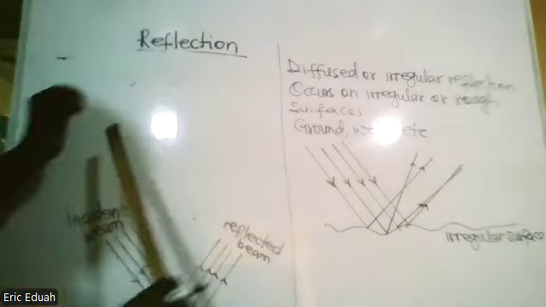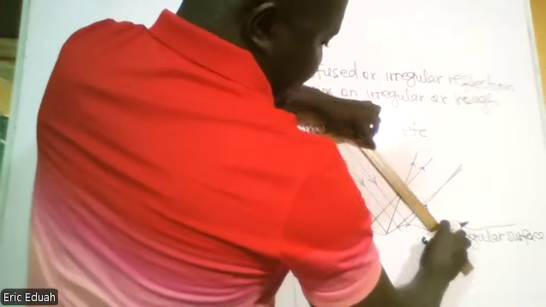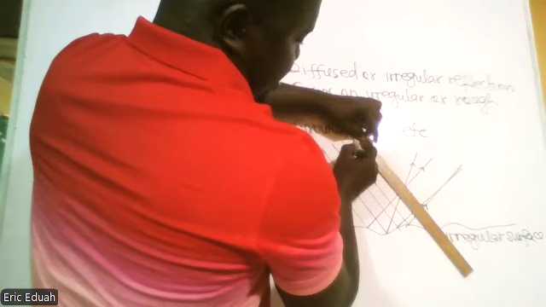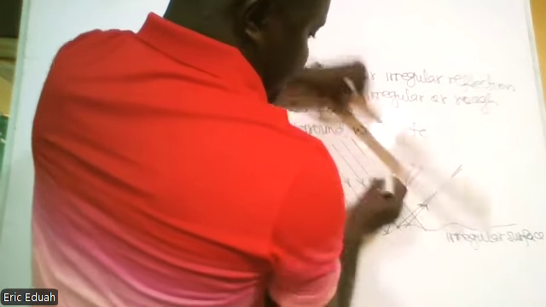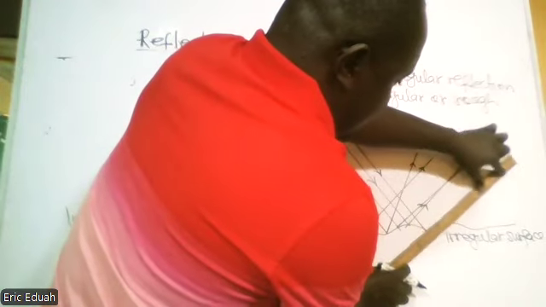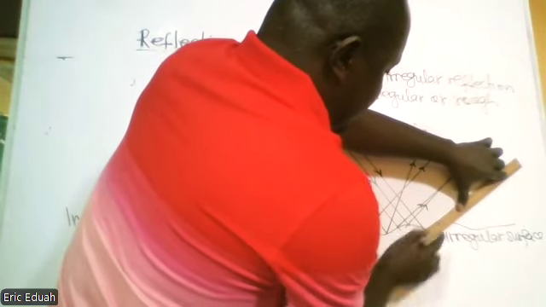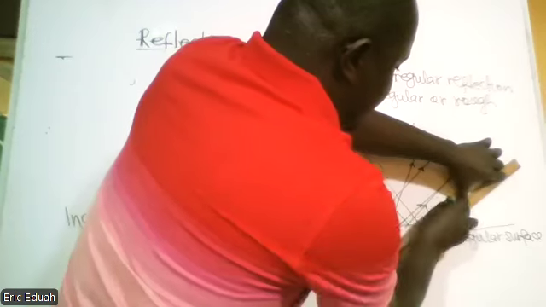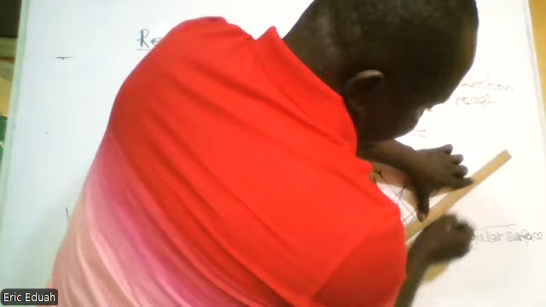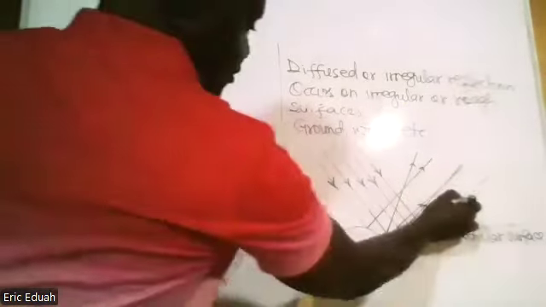So the reflection isn't orderly as we saw in regular reflection. But here, the reflection is scattered. But each of the incident rays and its corresponding reflection obey the laws of reflection.